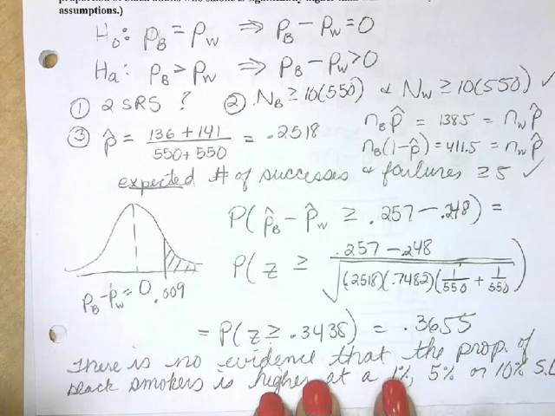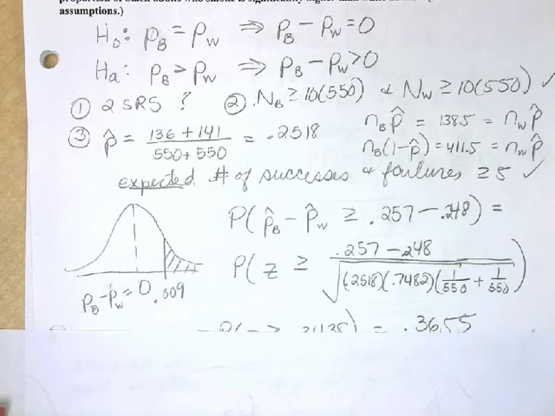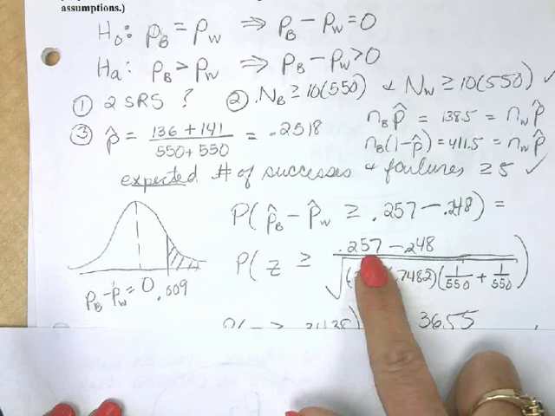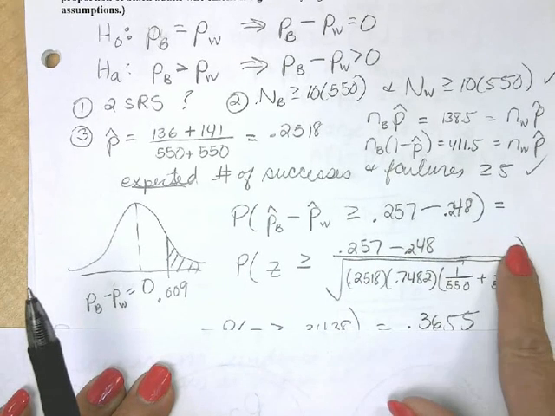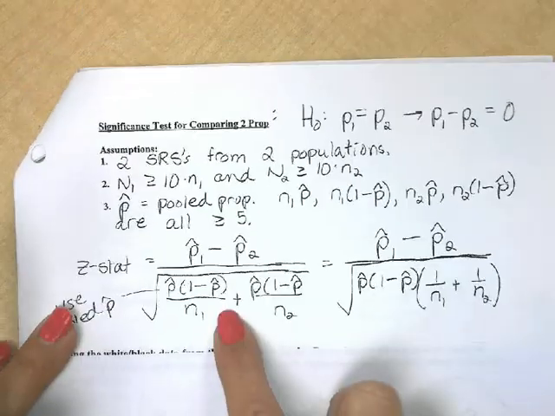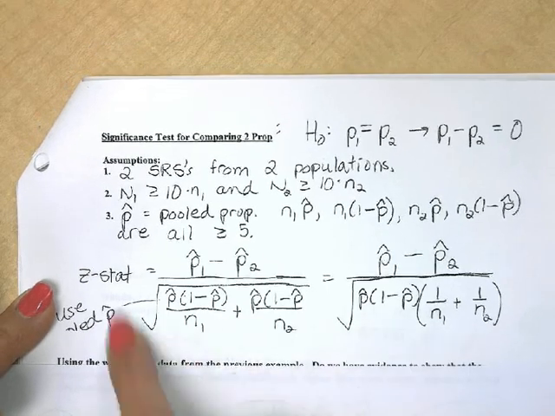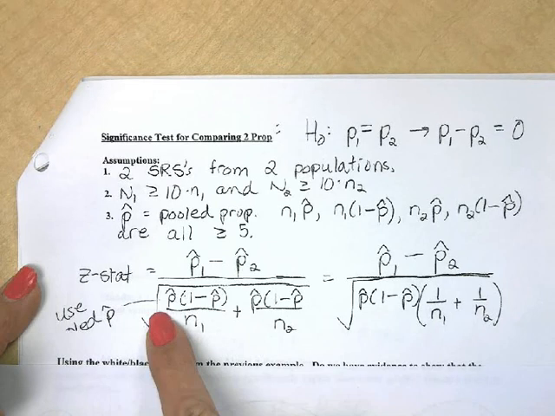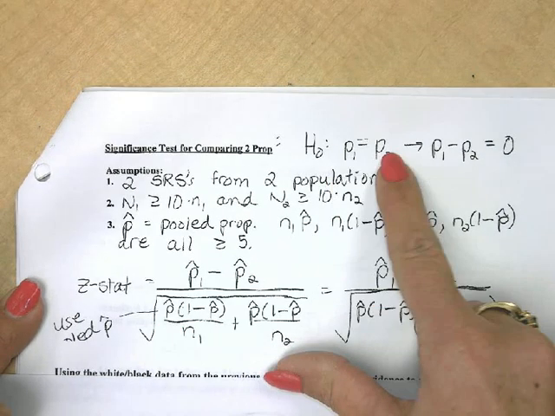Now, we have two ways we can calculate the test statistic. We take what we got minus what we're assuming. We're assuming the difference is 0, so I didn't even bother writing it down. And now, we'll go back up here a second. When we're calculating the test statistic, for our standard error in the denominator, we're going to use our pooled p as the assumed value that these two are equal to.